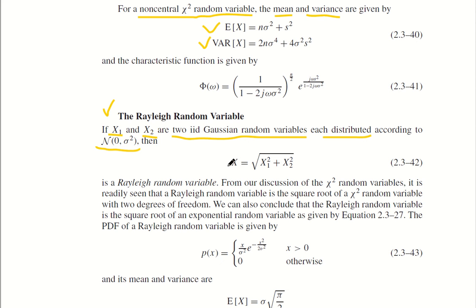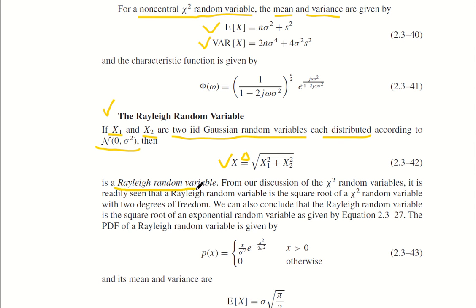That will be defined. In fact, this is a definition, so I put a triangle here to specify this as a definition, a notation. So we have this Rayleigh, and Rayleigh x is equal to that.